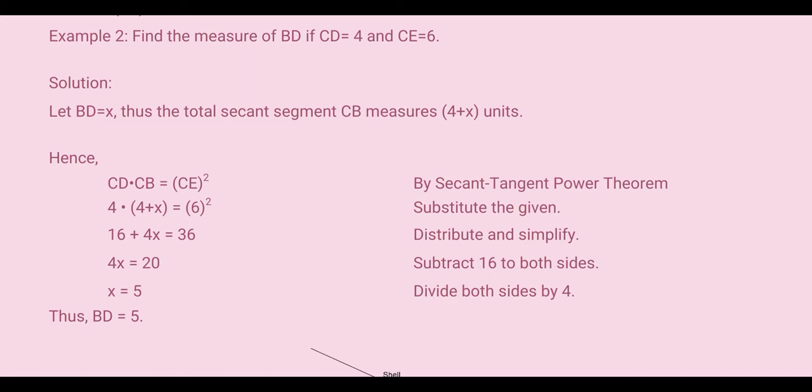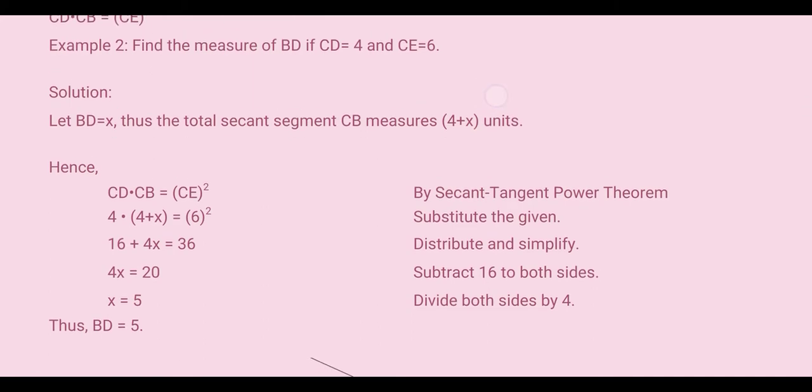Thus, BD is equal to 5. Now, if we are asked for the total secant segment, since BD is 5, you simply add the chord inside, which is 5, and the external secant segment, which is 4. Therefore, the measure of CB, the total secant segment, is 9.